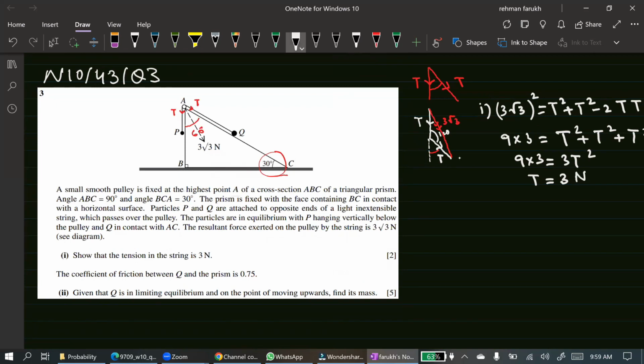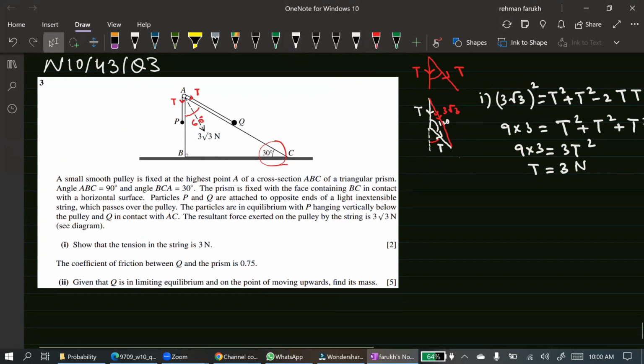We add the two tensions at the pulley with the help of the vector method, and we can find the resultant force with the help of Pythagoras if the triangle is right angled, or the cosine rule if the triangle is not a right angle. Now part number 2.